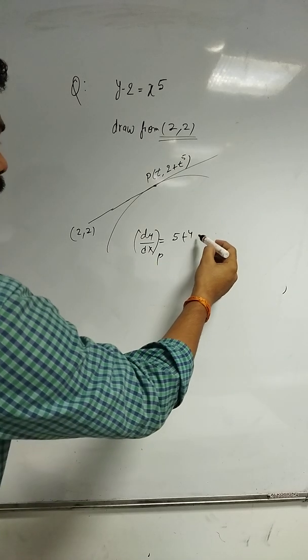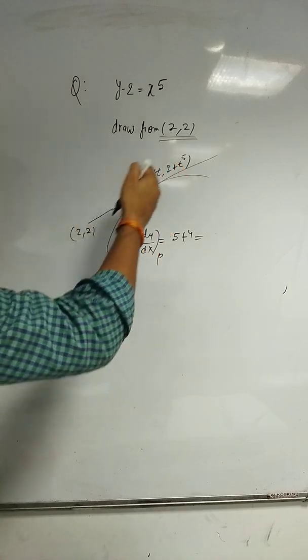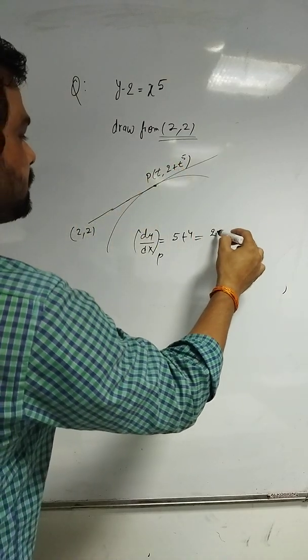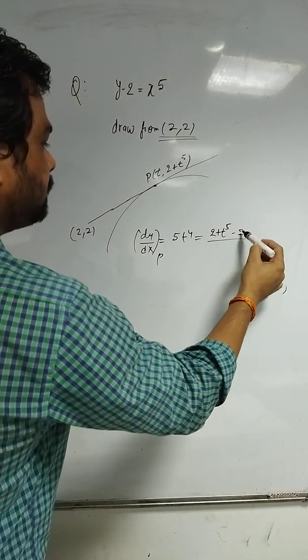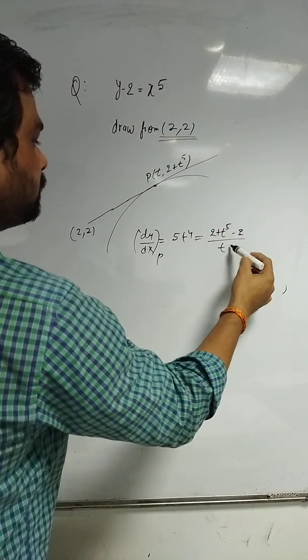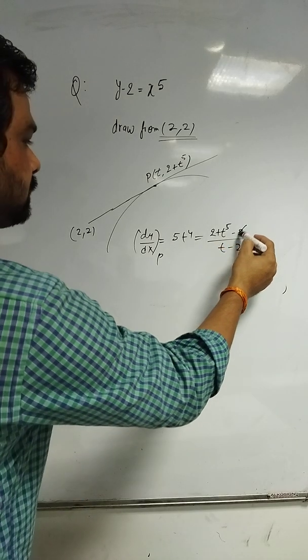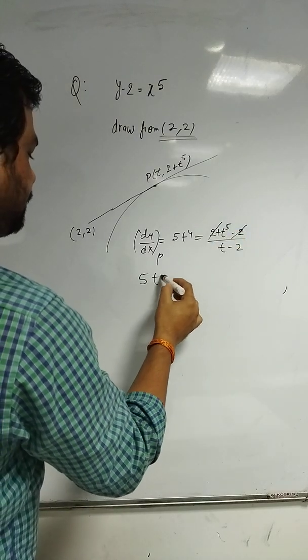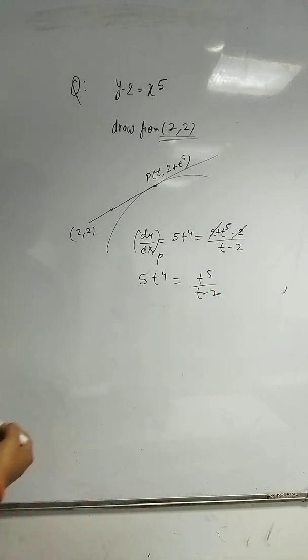This will equal the slope of the tangent, and the slope of the tangent can also be written as (2 plus t to the power 5 minus 2) upon (t minus 2), meaning y2 minus y1 upon x2 minus x1. So 5t to the power 4 is equal to t to the power 5 upon t minus 2.